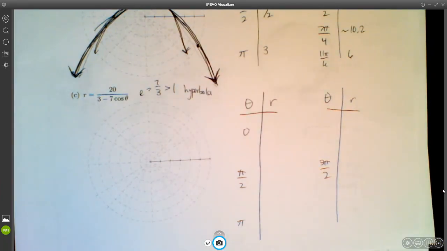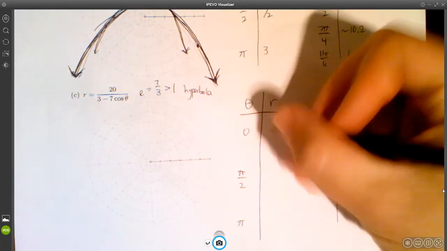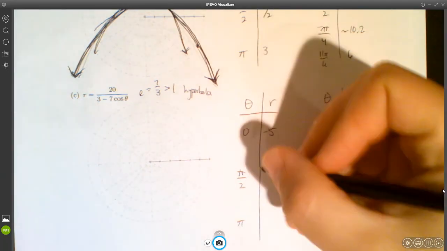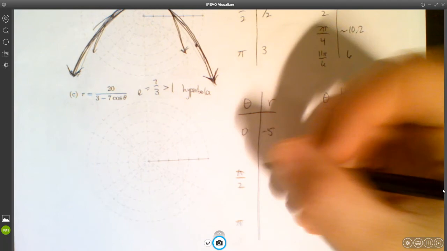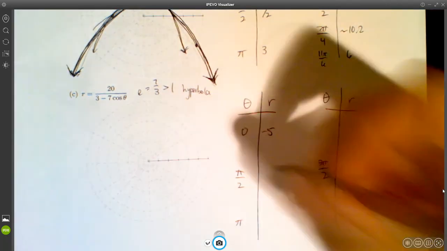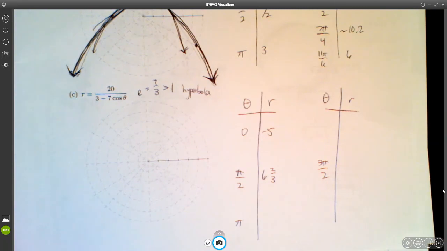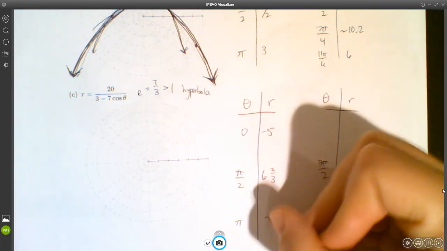So this is going to be 20 divided by 3 minus 7 cosine theta. When theta is 0, we get negative 5. When theta is pi over 2, we get 20 thirds. Well, 3 goes into 20 6 times with 2 left over, so this is 6 and 2 thirds. When theta is pi, we get 2.